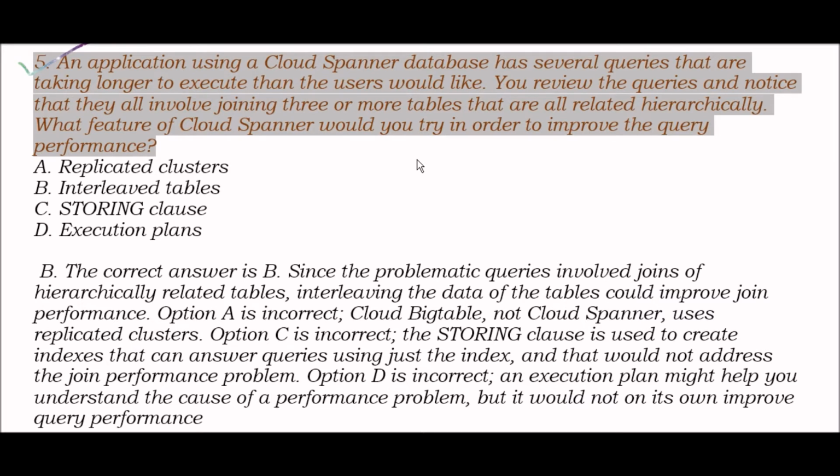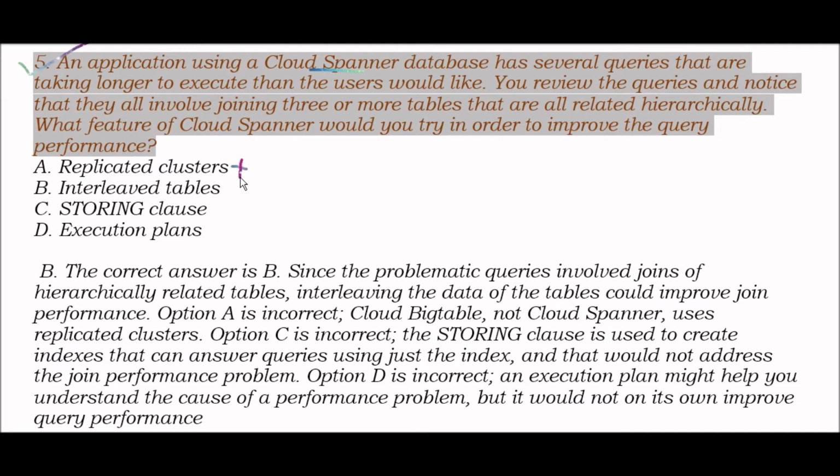Option A, replicated clusters. So my dear, here Cloud Bigtable, not Cloud Spanner, uses replicated clusters. Okay, but in the question given is Cloud Spanner database. That's why option A is incorrect.